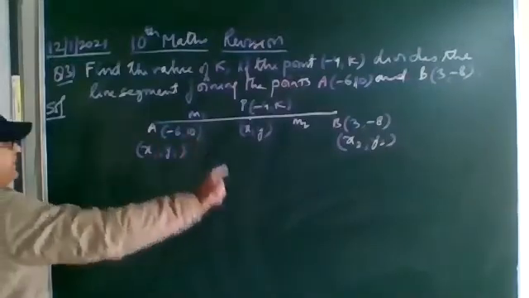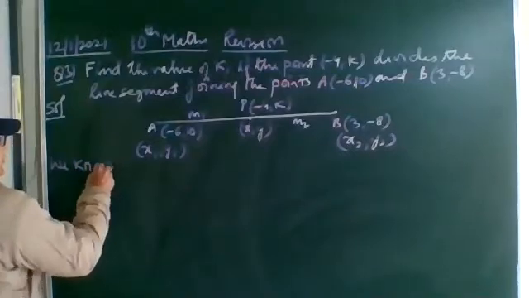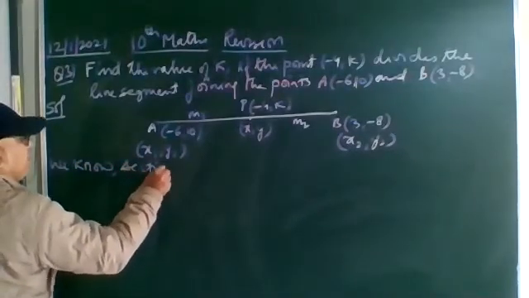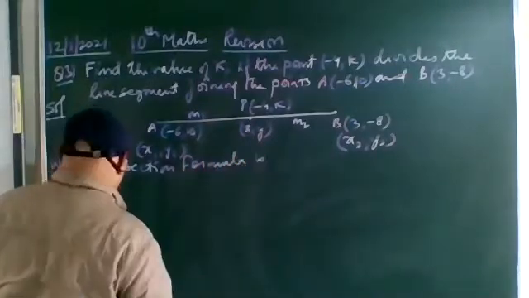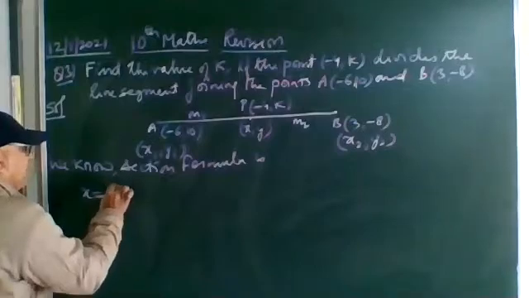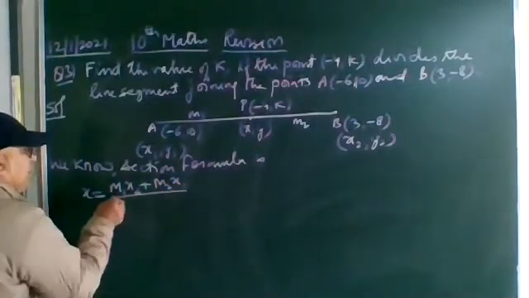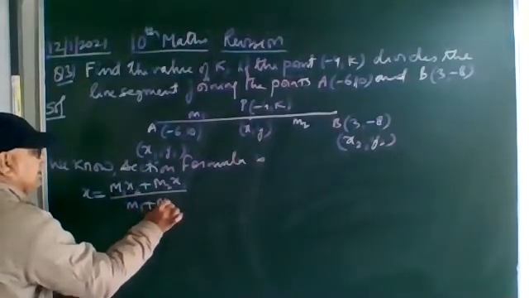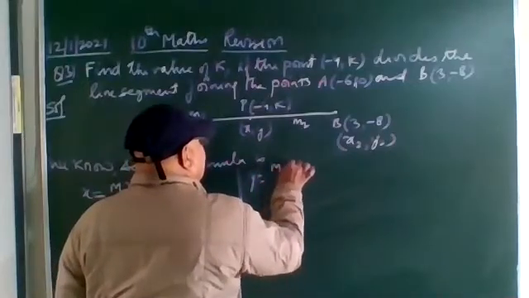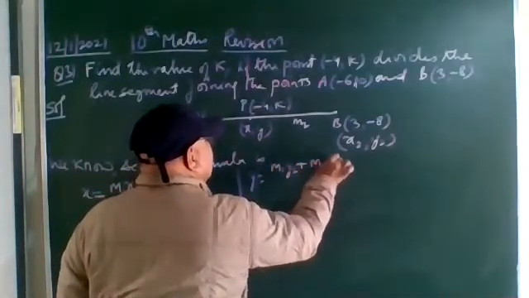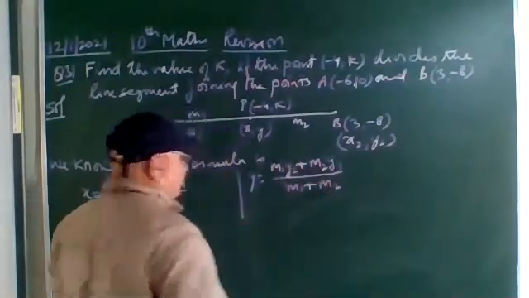Once you have made the figure, now you can write the section formula: x equals (m1 x2 plus m2 x1) upon (m1 plus m2), and y equals (m1 y2 plus m2 y1) upon (m1 plus m2).